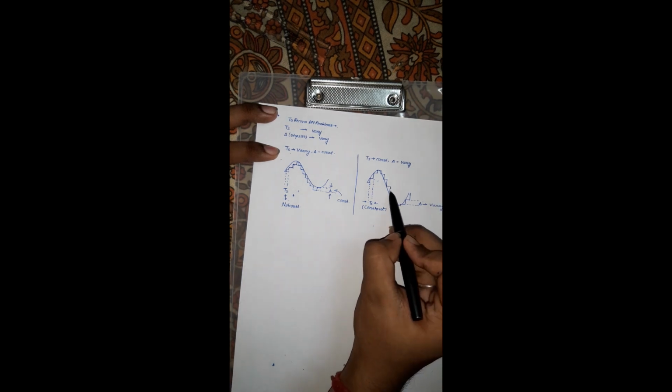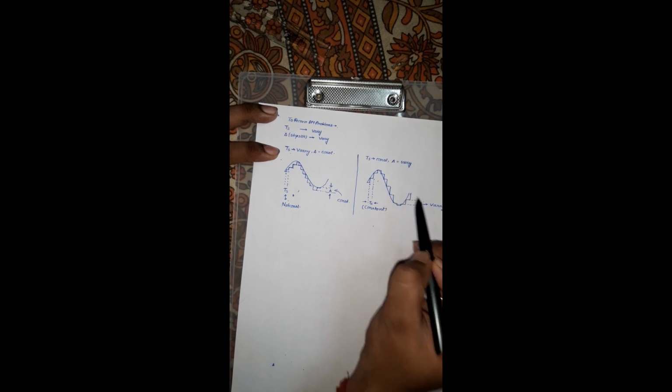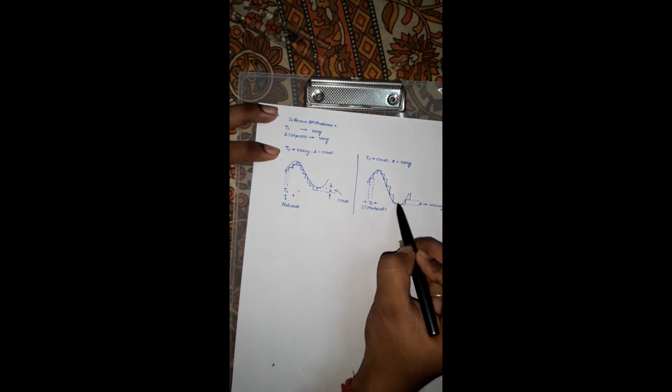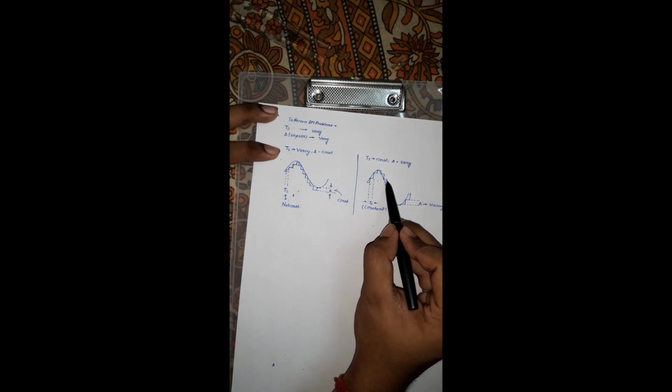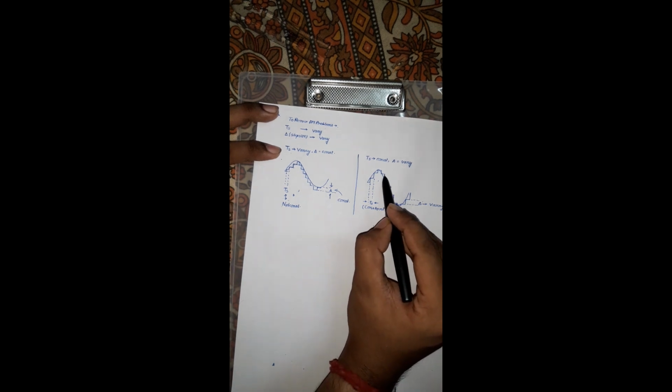The step size here is much more than the step size here. This step size is much less than this step size, and this is another value, and this is also another value. According to the variation of the signal, sometimes it increases its step size and sometimes it decreases its step size.